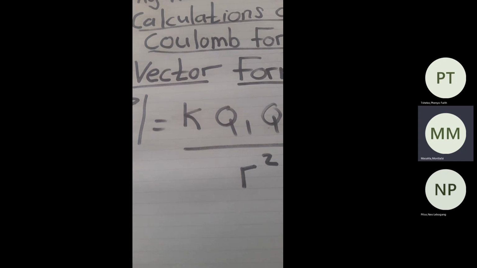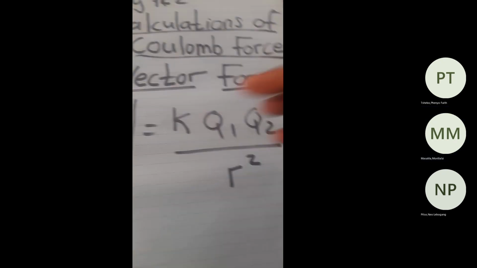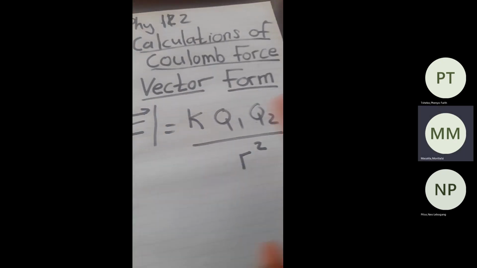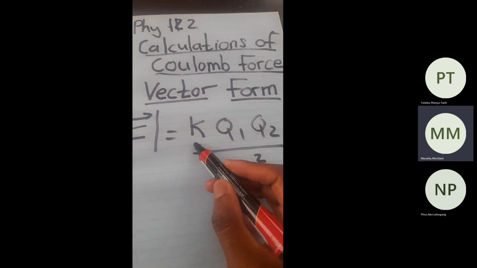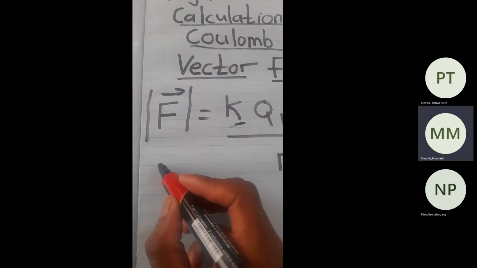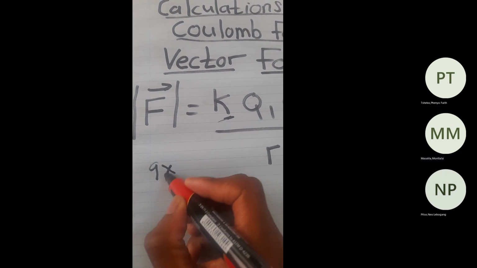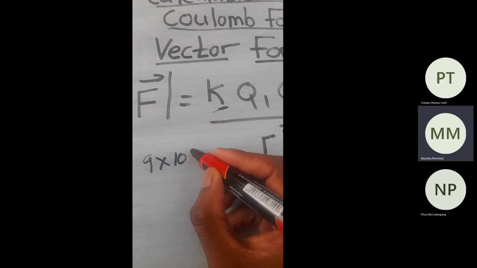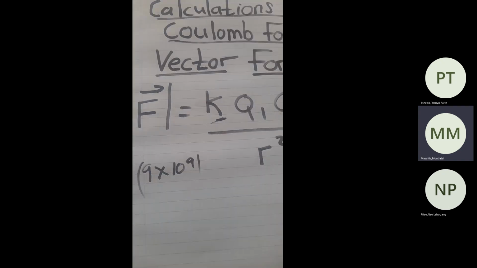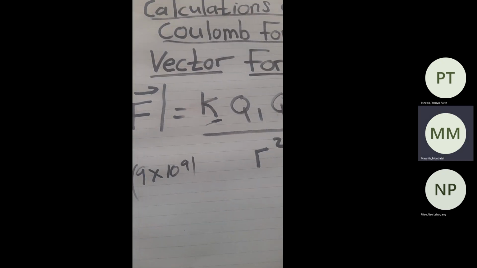Let me take a calculator. So the application of Coulomb force, I say that this is the constant K. The constant K is 9 times 10 to the power 9.